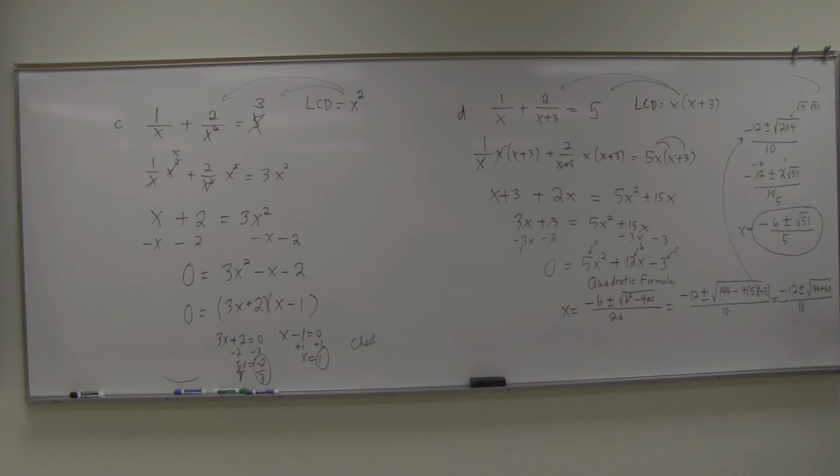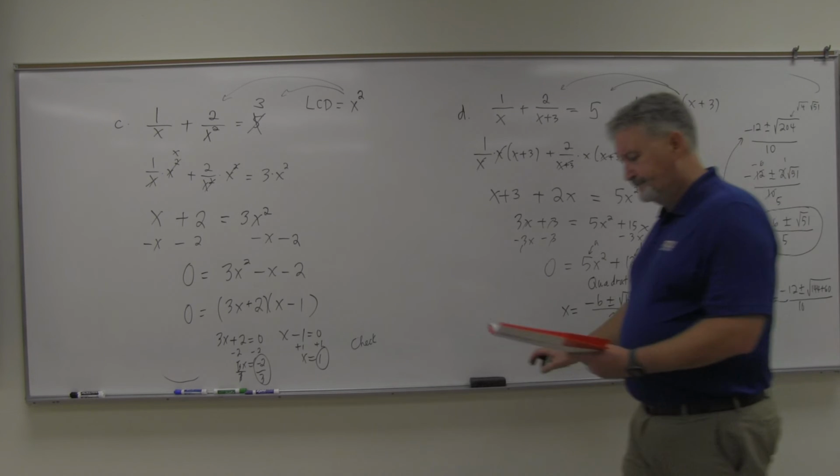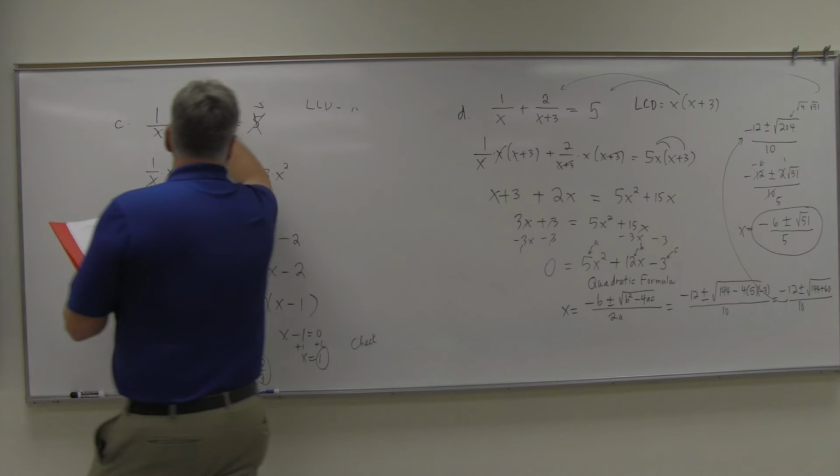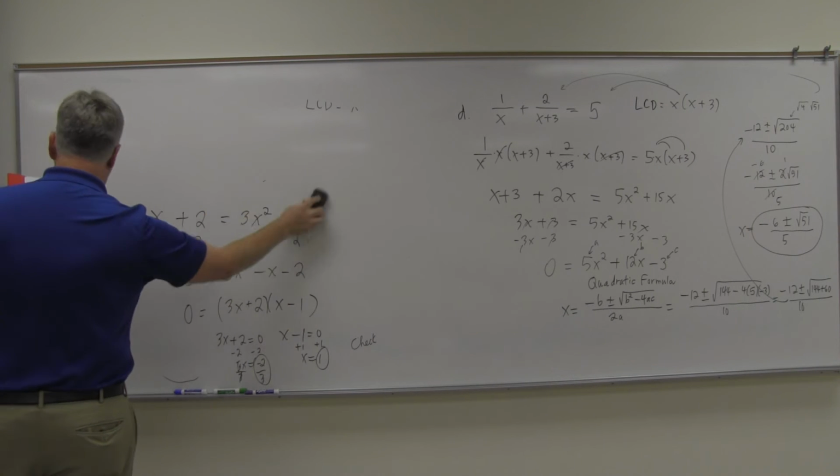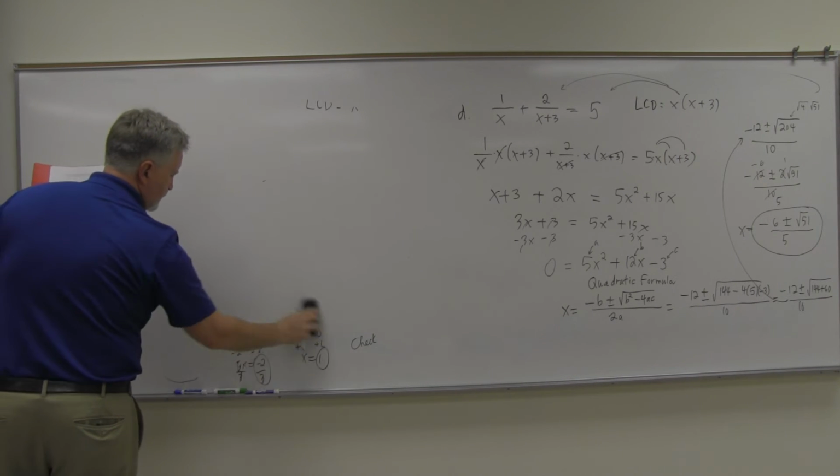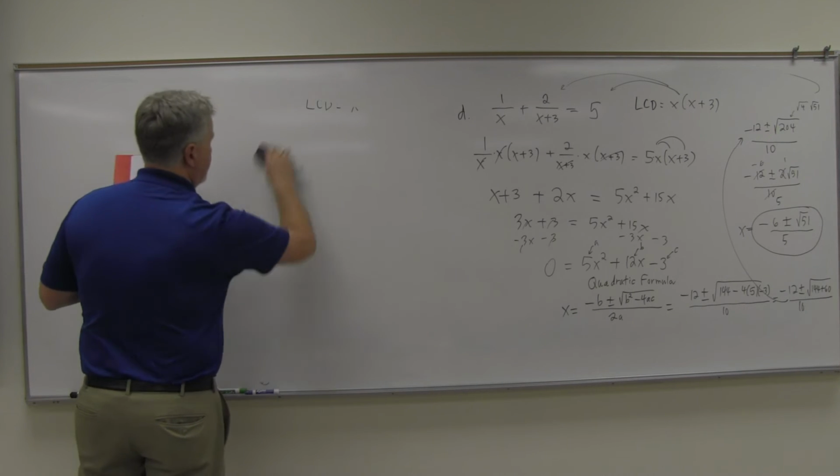Most of them work out pretty nicely on our assignment, but I just wanted to make you aware of what happens if that happens. All right. Now in 25, I think what I'm going to do is just do the right triangle one.